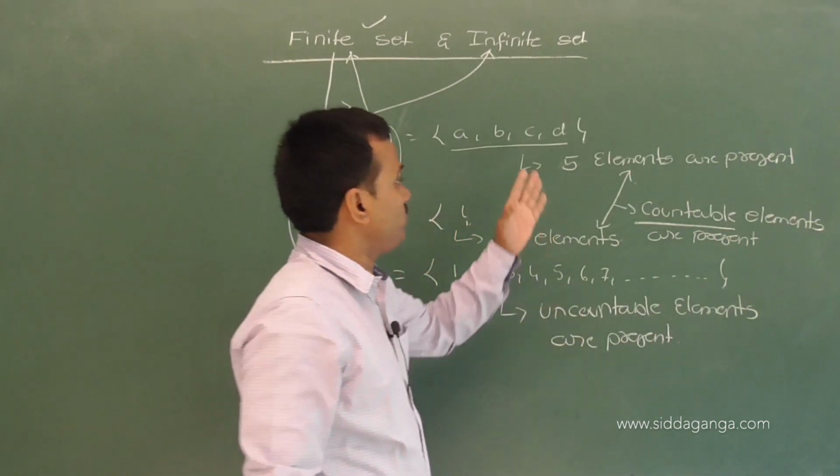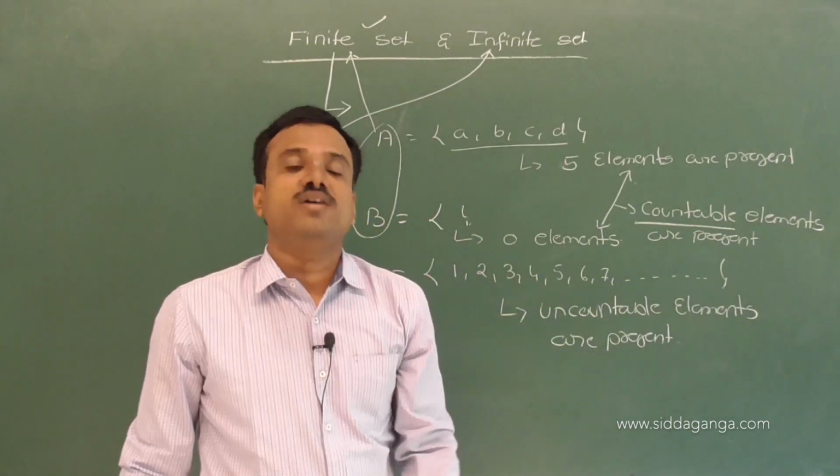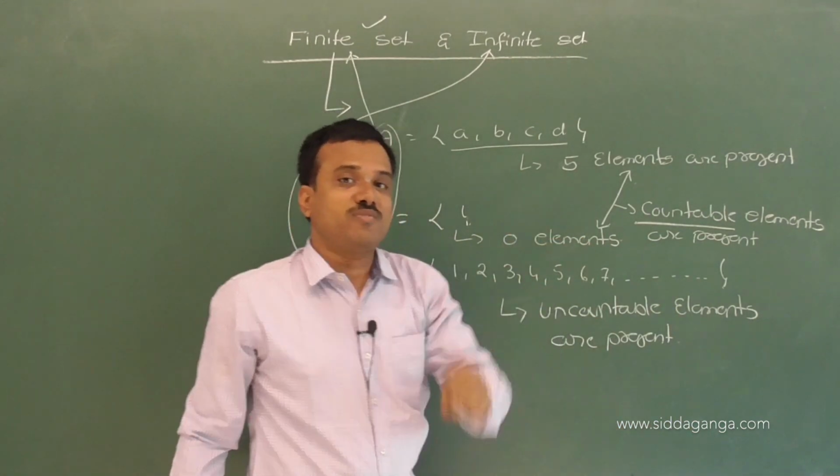Definite means we have to count. The elements are 5, the elements are 6, the elements are 7, like that.